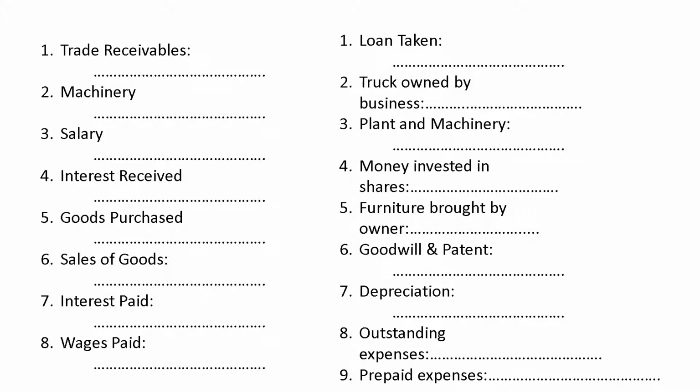Okay, so I hope you could do this. Let's start with the rest of the items because we are already done with trade receivables. Machinery is an asset to the business because machinery will accrue benefit to the business, and the benefit would be for the long term. So that's why this is a fixed asset.